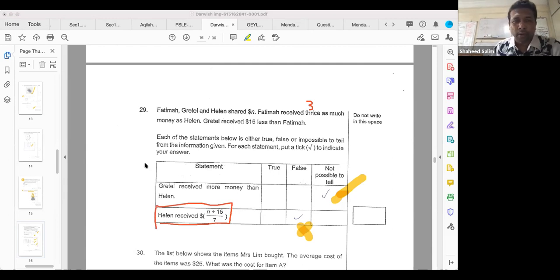Okay, the rule: when you get to something difficult, make it easy for yourself. So how to make it easy? I'm going to put this number here to be, let's say, $300. Okay. So how are you going to do this then?